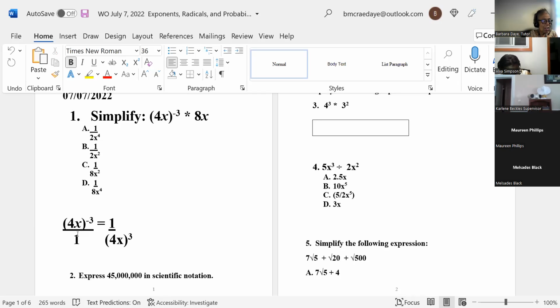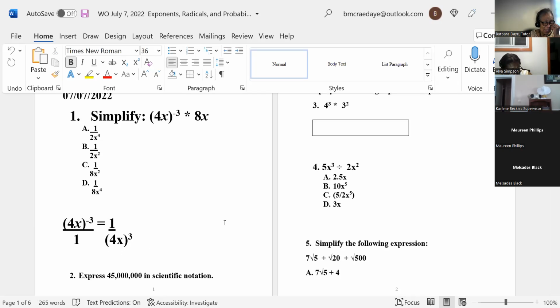When you flip it, the 1 is now in the numerator and the 4x to the third is in the denominator. But now this is positive. All right? So when the exponent is negative, you flip it. Make it positive. That's it. Flip it and make it positive.